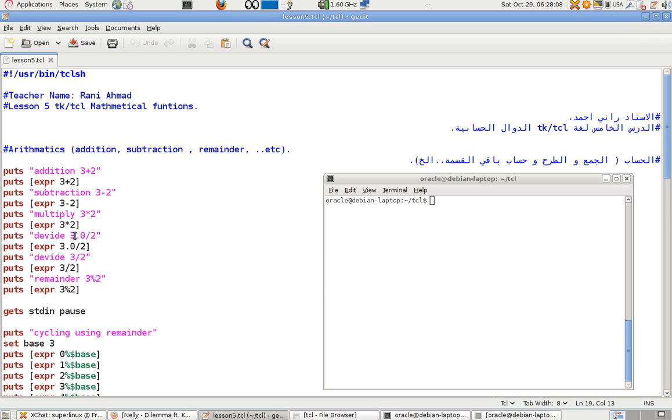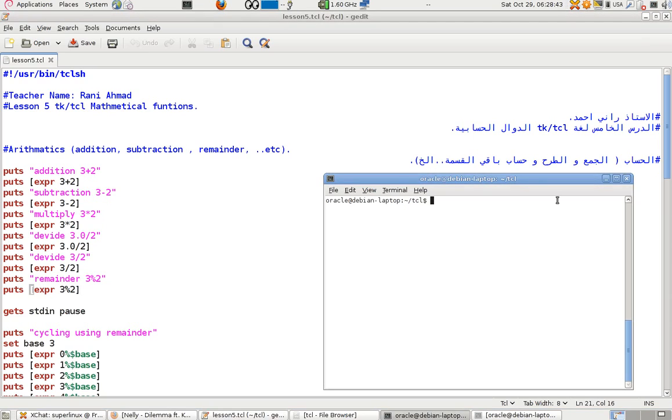But if you put 3.0, this means it is a decimal number, therefore it will give you 1.5. We'll see that. Now, if I want to get the remainder of the division of 3 over 2, you must have 1, and 1 as remainder. You must have a division result of 1 and 1 as a remainder.